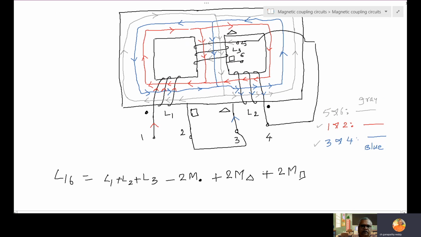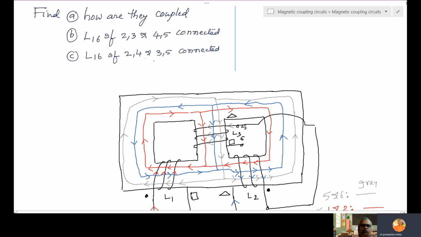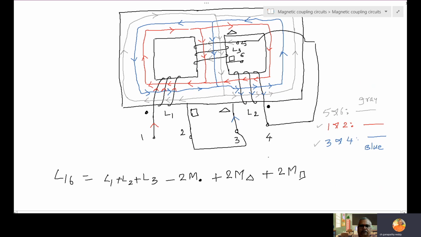Next case: 2, 4 connected and 3, 5 connected.